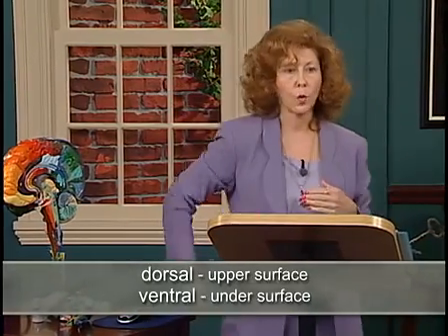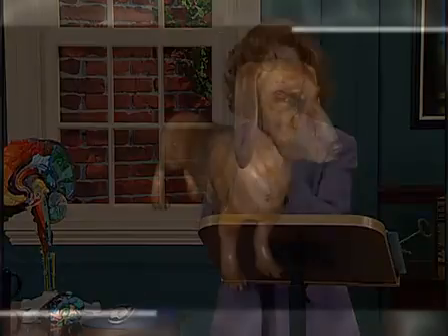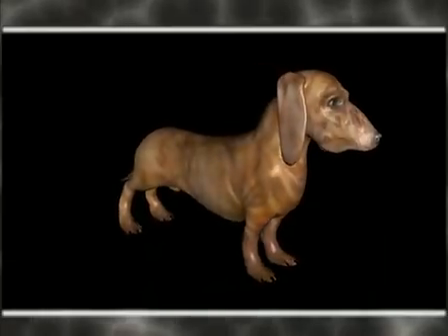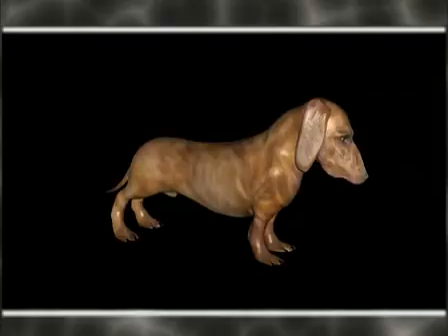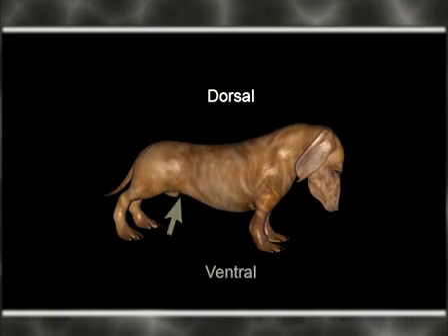For the spinal cord, this is dorsal and this is ventral. If that's confusing to you, don't let it be confusing. I always try to explain this to my students by saying, imagine one of my dachshunds. Here's a long sausage-shaped dog, and imagine it with its little head slightly down. All of this would be dorsal, and everything on the underside would be ventral.